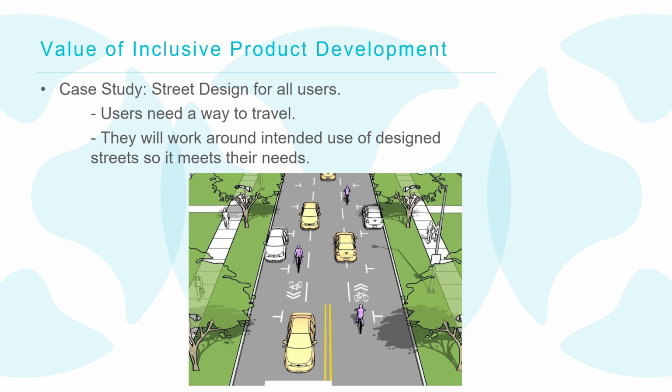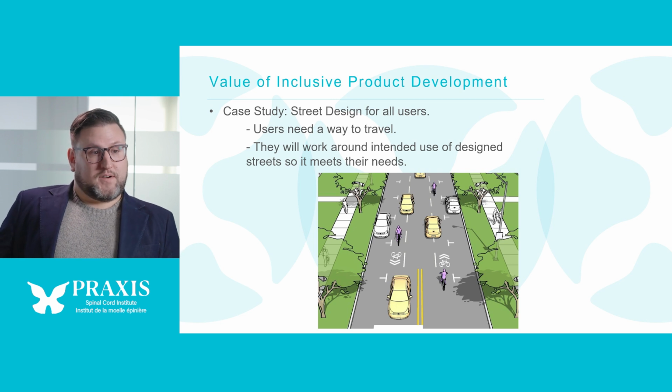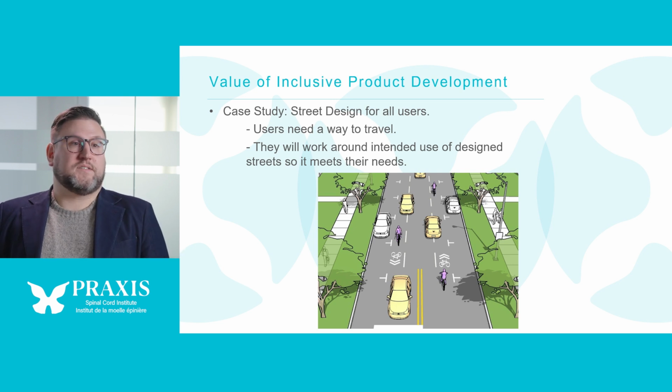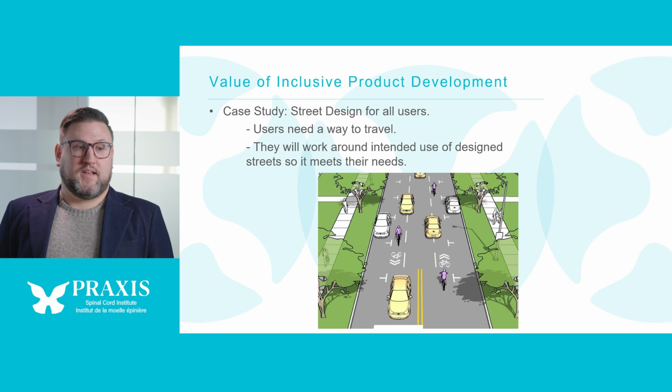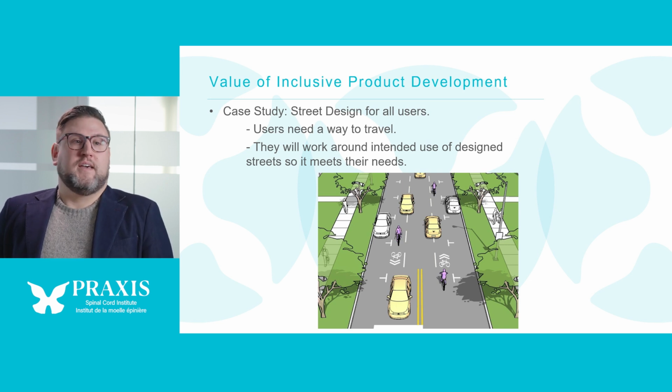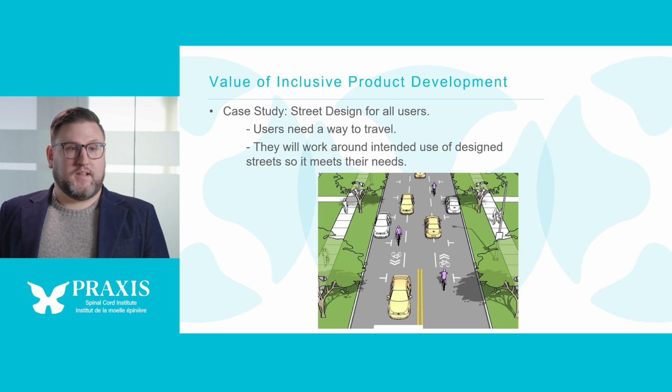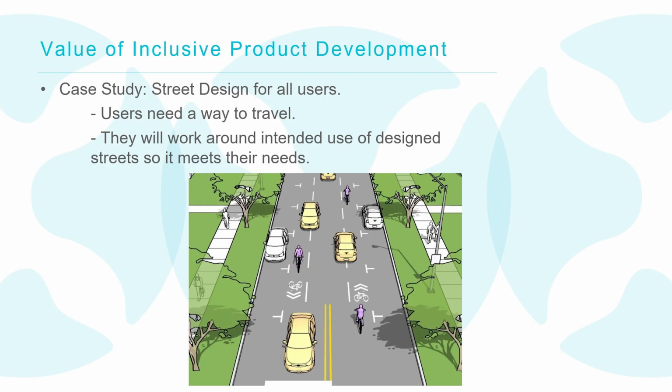Are they meant to be in the car lane? Or are they meant to be on the sidewalk? A lot of streets don't identify spaces for all users, and so users are going to continue to use the space in the way that they think they should. And that does cause, if you talk to individuals with spinal cord injury, an increase in their fear of travel on their own, and it increases their worry of whether they can get from A to B, especially when they're traveling and they're not aware of what's ahead.